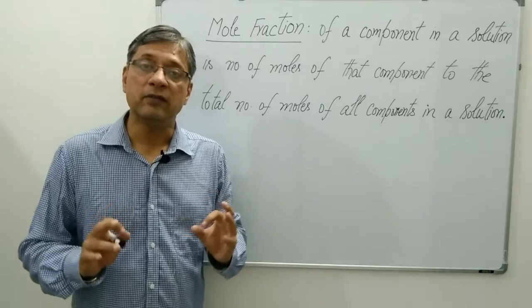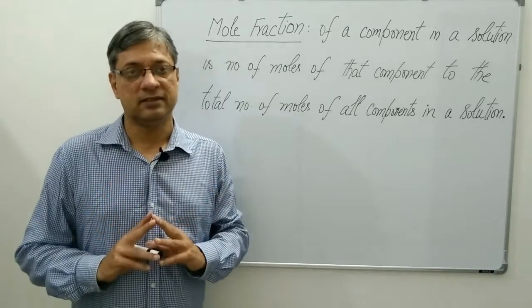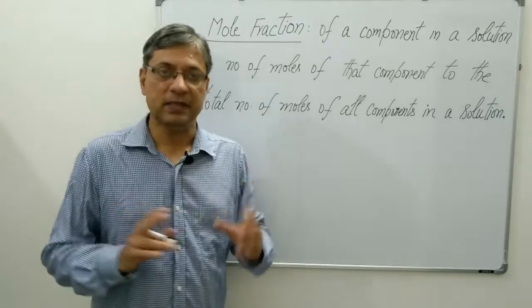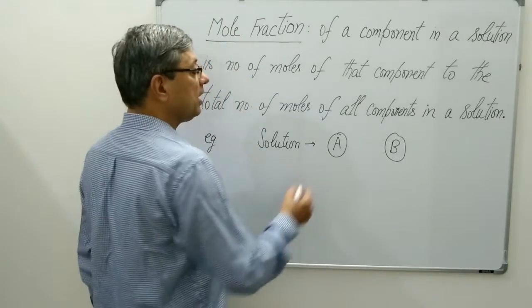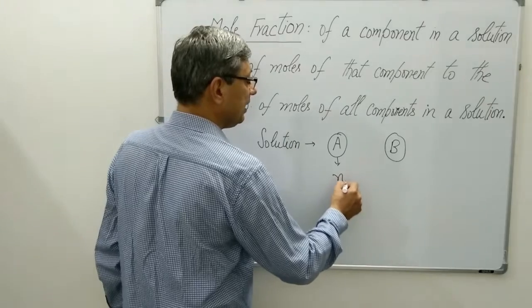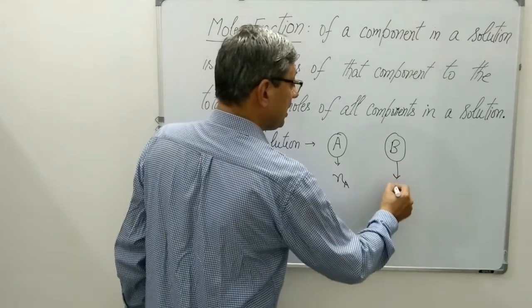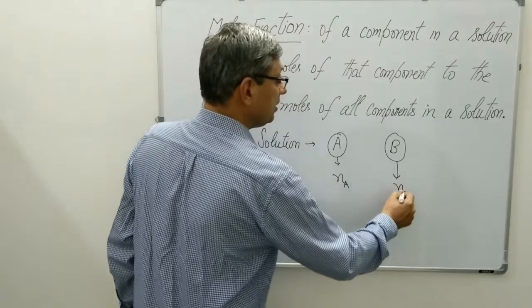Suppose I have a solution which contains 2 substances, say A and B. Let us assume A component has number of moles, say Na, represented by Na. Similarly, B may have number of moles Nb.